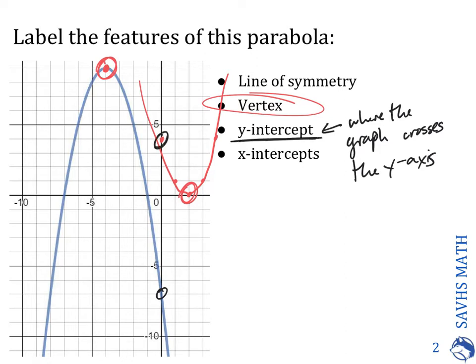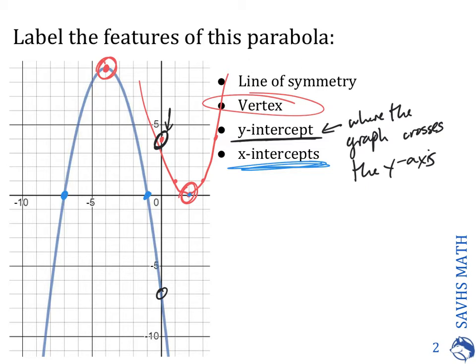For this one, it should have been right here. This is the y-intercept. It's where the graph crosses the y-axis. X-intercepts then make sense to be the spots where the graphs cross the x-axis, which would be here and here.